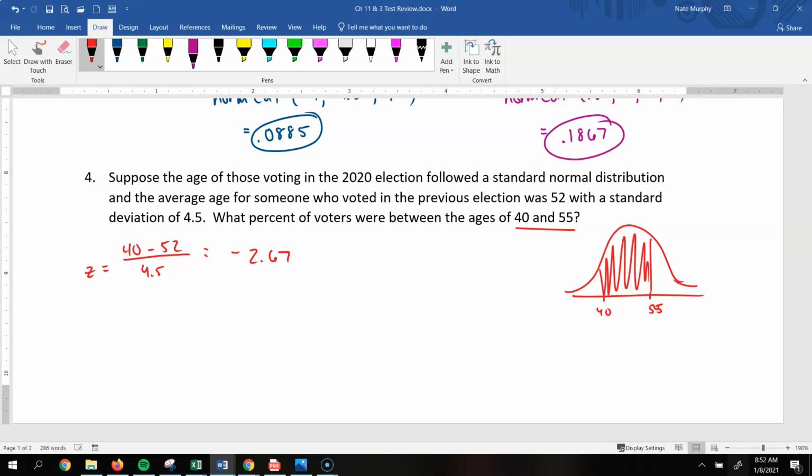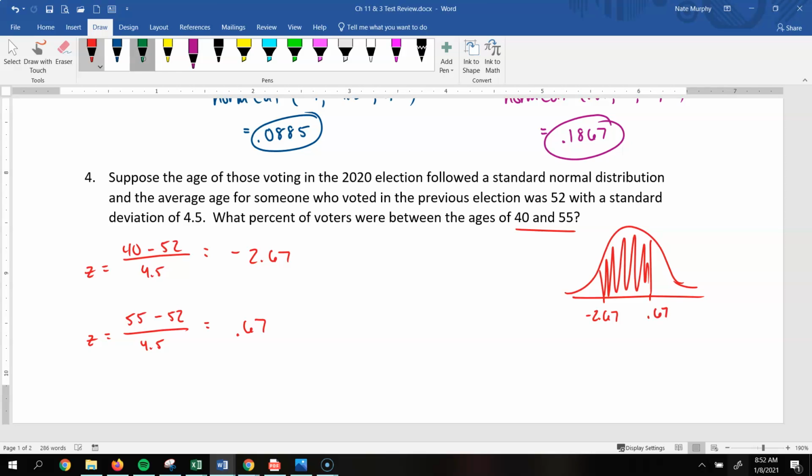So that 40 has a z-score of negative 2.67. Now we're going to do the same thing for the other value, the 55. We'll take 55 minus 52 divided by 4.5. Well, 55 minus 52 is 3. Divide that by 4.5, we get 0.67. So that 55 has a z-score of 0.67.